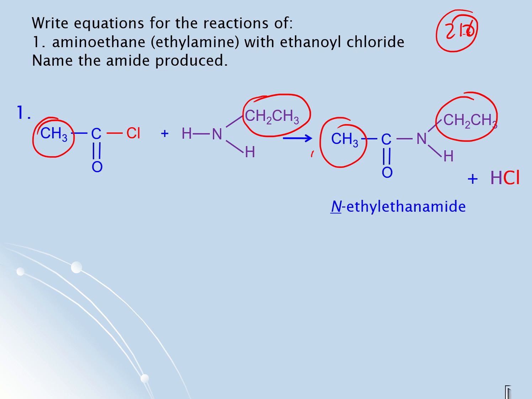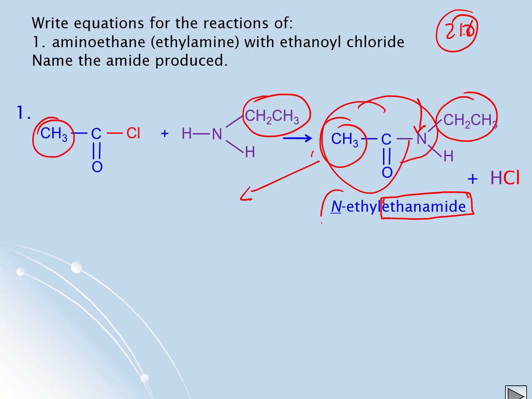Right, we've got to name this then. How do we name it? Well, let's look at the amide, that's the remnants of the amide. That has 2 carbons in it, so it is ethanamide. The substitution has taken place on the nitrogen, so we have N-ethyl. Ethyl is this group here.